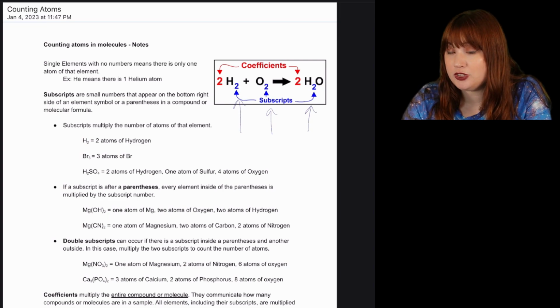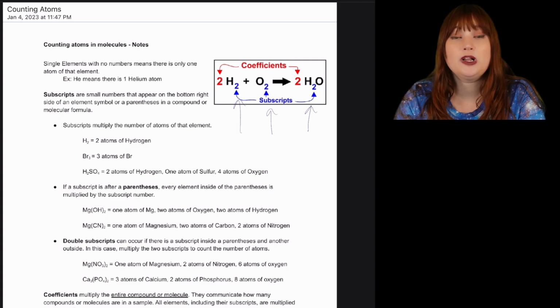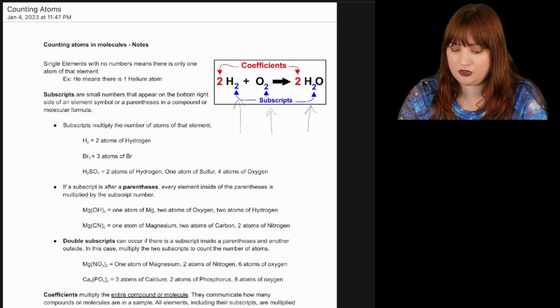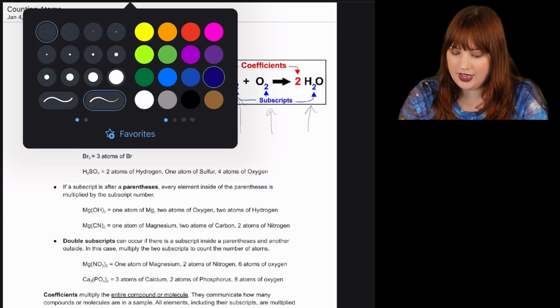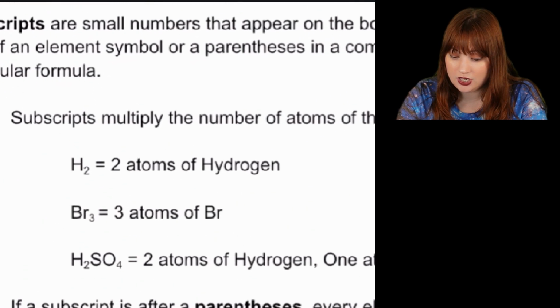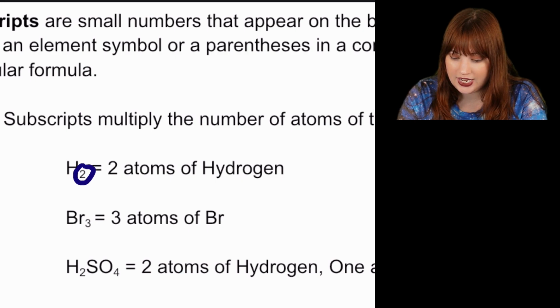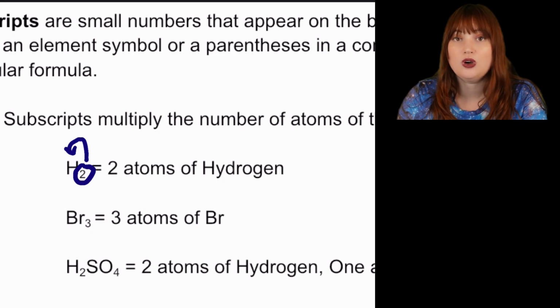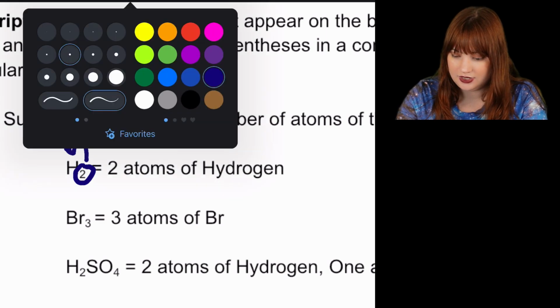What the subscripts do is multiply the number of atoms or the number of elements in that molecular formula. So we have a subscript, a little number next to an element symbol. What that's telling us is that we have two of those elements.